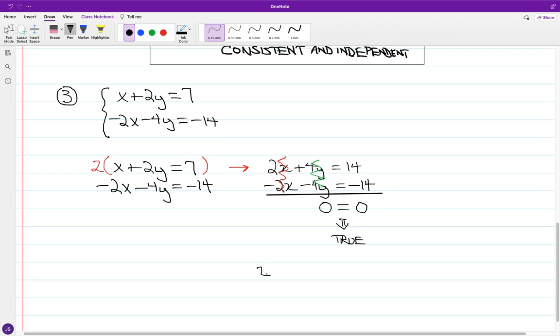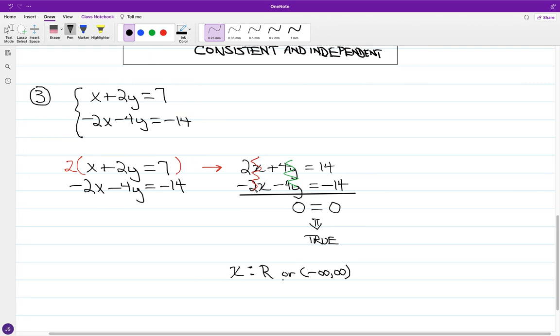And in the case of x, the solution is going to be the set of all real numbers. Especially in the case of Alex, for all real numbers, you're going to put it in terms of what we have for x.